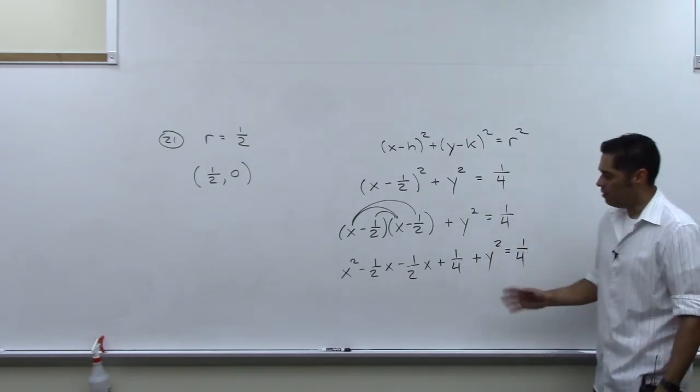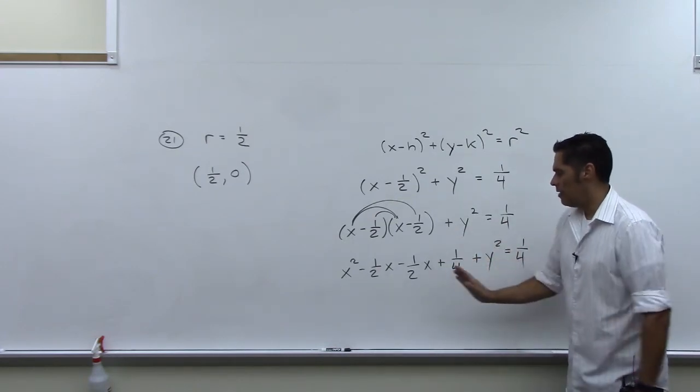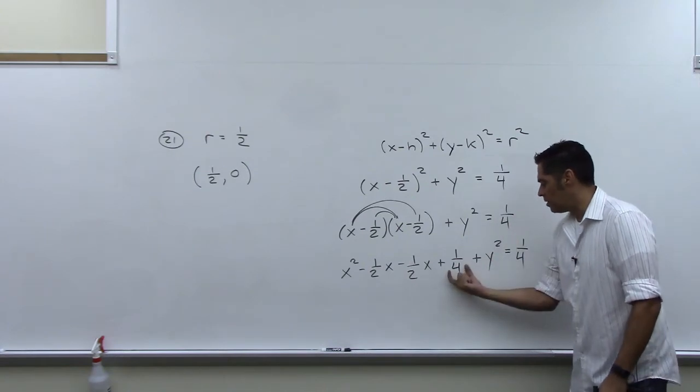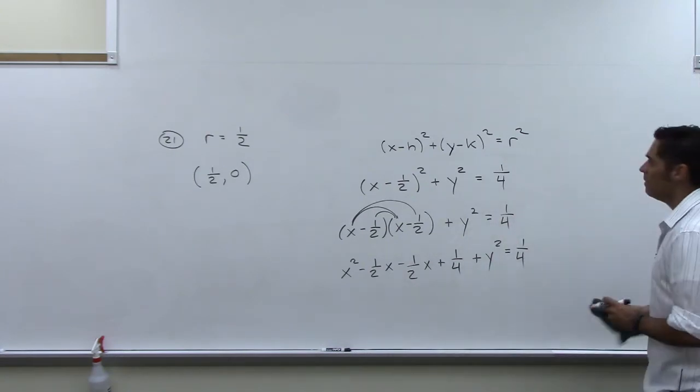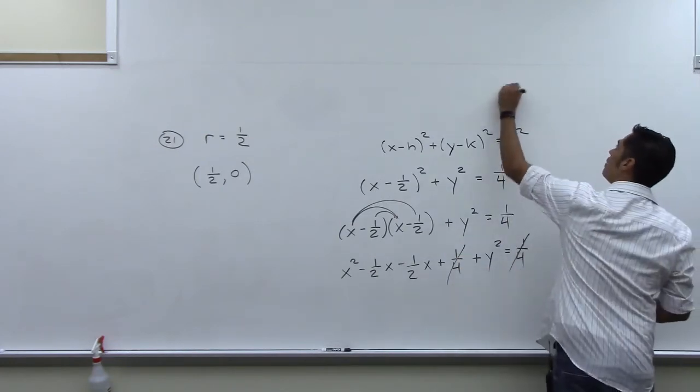Then I'm going to get all my x terms and y terms together on the left side, and take any constants to the right. So I have to subtract 1/4 on both sides, and it goes away, so I'm going to have a 0 on the right.